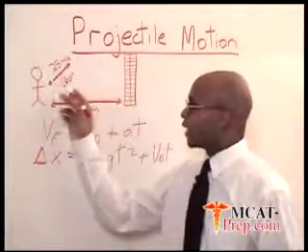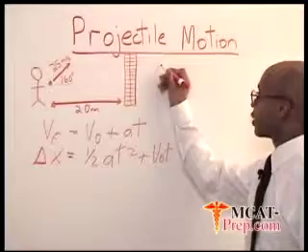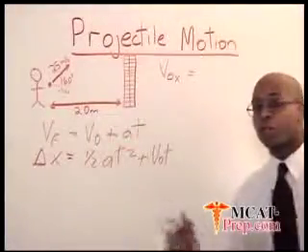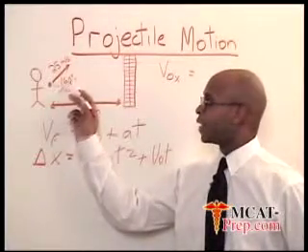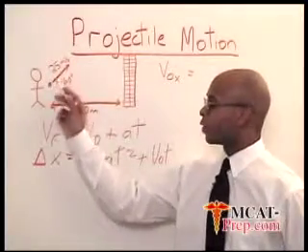So what would be the initial velocity in the x direction? Let's call that initial velocity VOX. Thus we determine the original velocity in the x direction with cosine 60, since cosine 60 would give us adjacent over hypotenuse.